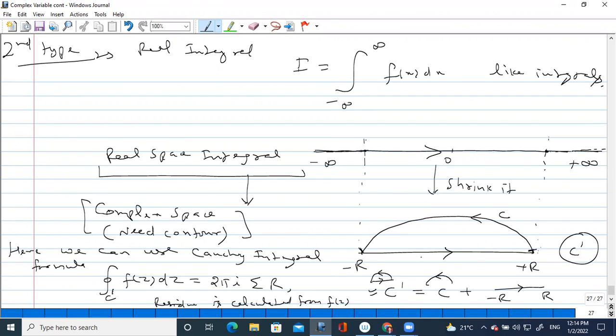Here this line is the real line, the real axis, and for the real axis z equals x plus iy, but because i is not there, z is equal to x. So I can have z equal to x for this line on the real axis.